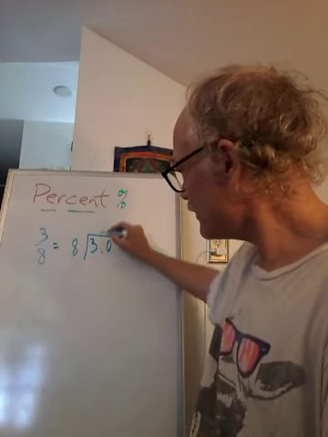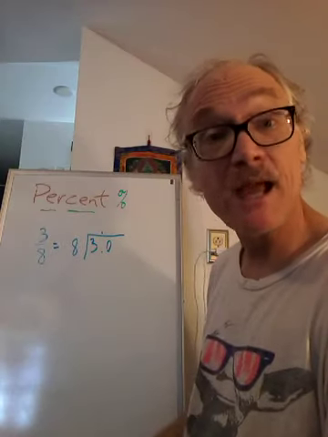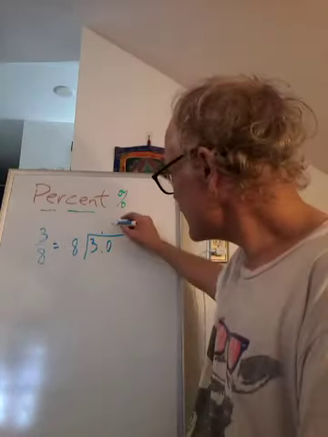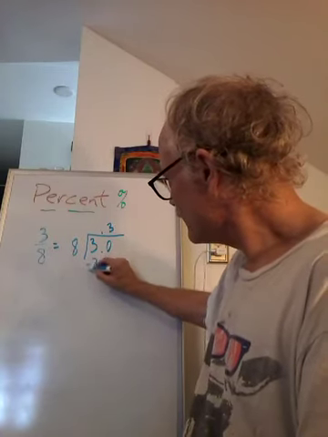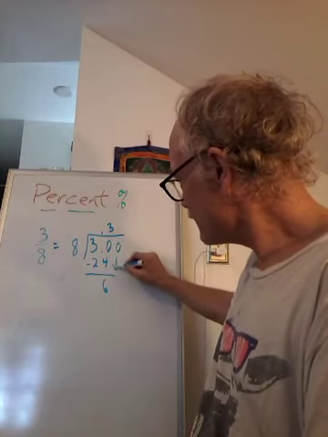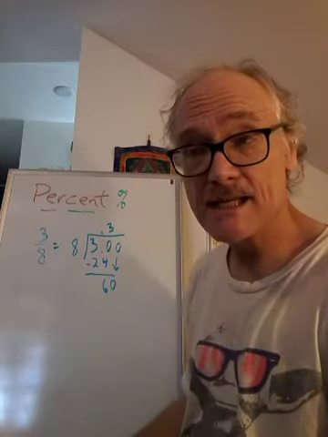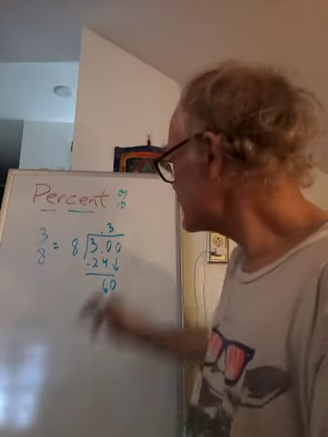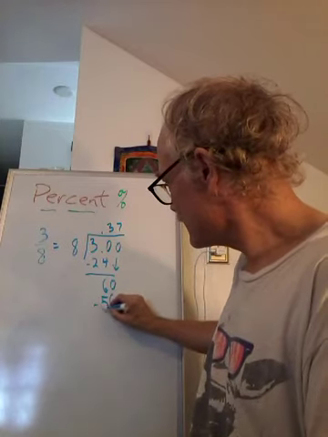Put a decimal point here, put one here. Now, can 8 go into 30? Yes. How many times? 3 times 8 is 24. Subtract, bring down a 6. I'll bring down another 0. 8 can go into 60, let's see, 7 times. 7 times 8 is 56.